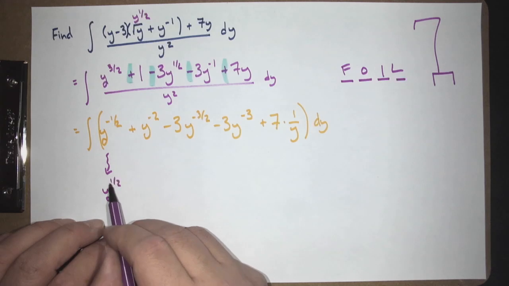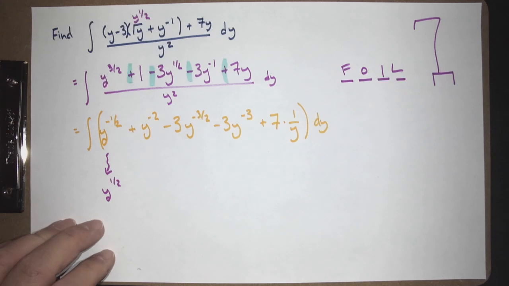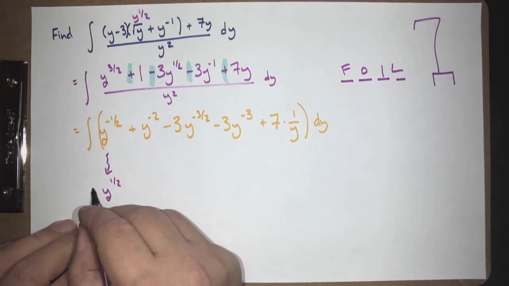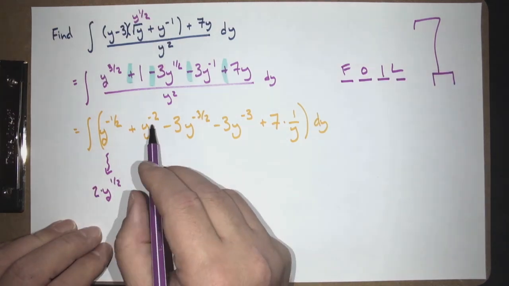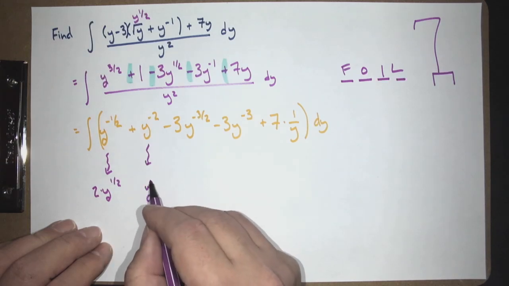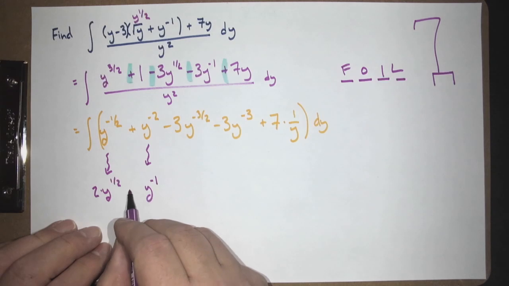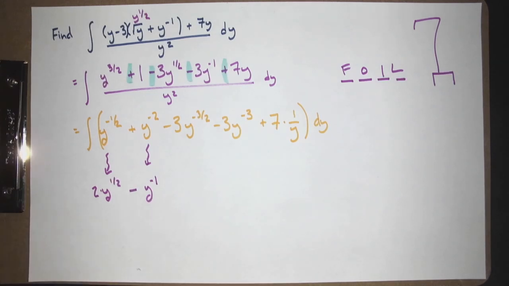You take your exponent and divide in front. How do you divide by 1/2? Times by 2. Okay, add 1 to the exponent. Y to the -2 becomes y to the -1. Divide by -1 makes it into a minus.